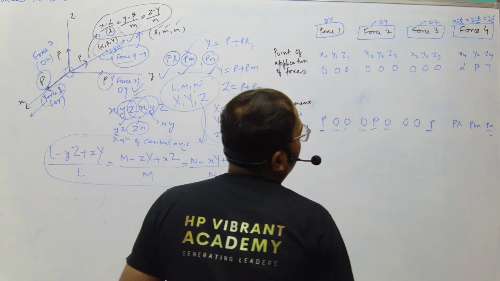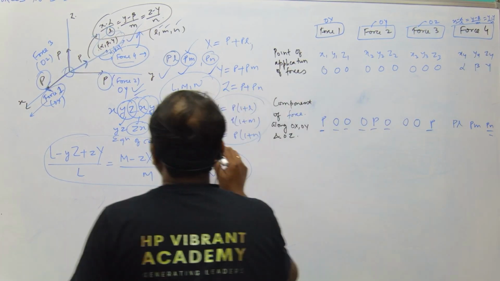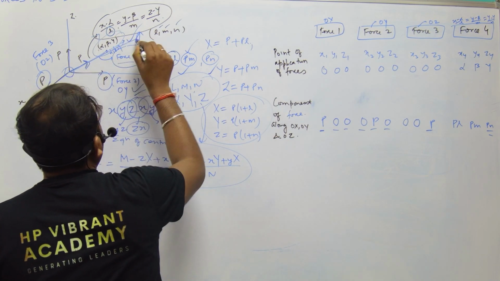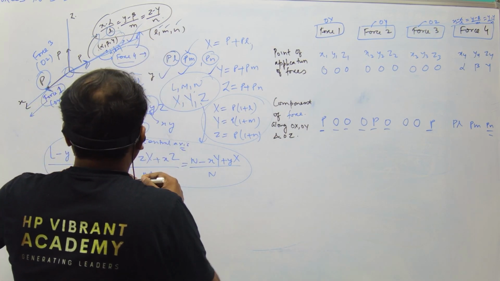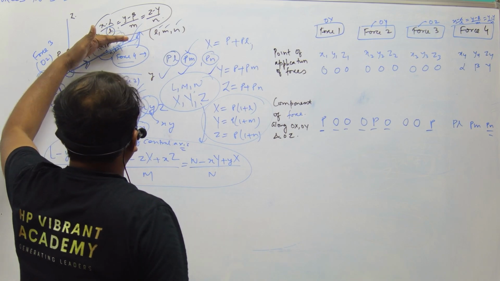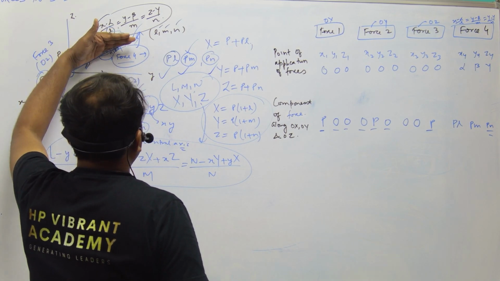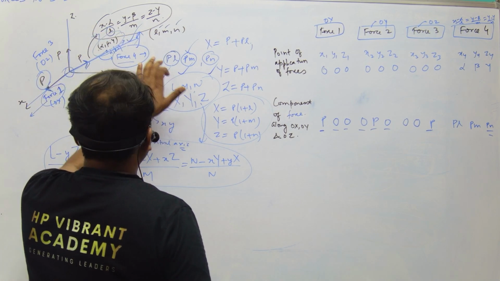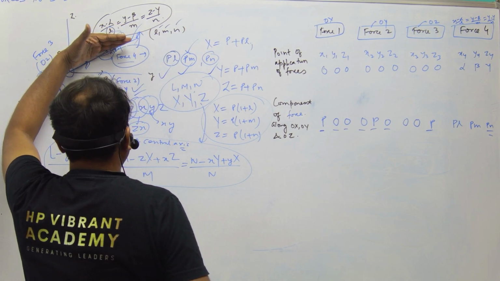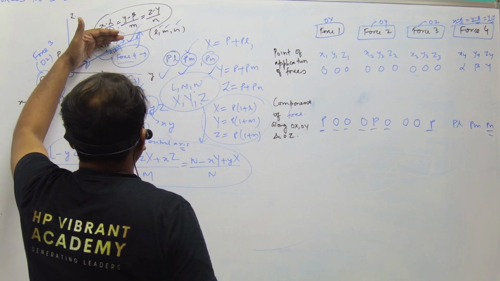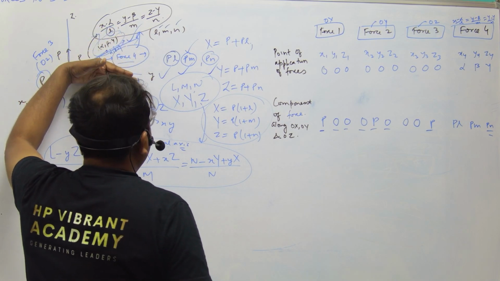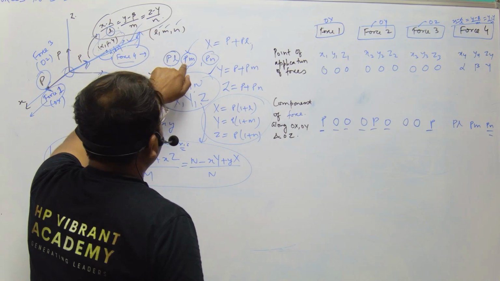Okay, now for force 4, the force is along this particular direction. So we have to take the component of this force along OX, OY and OZ. So the component of this force P along OX is PL, component of this force P, that is force 4, along the y direction, that is y axis, is PM.